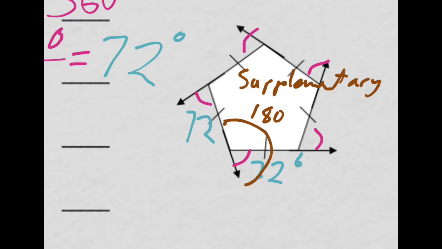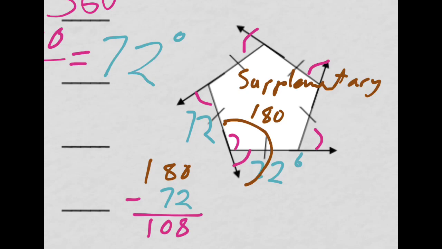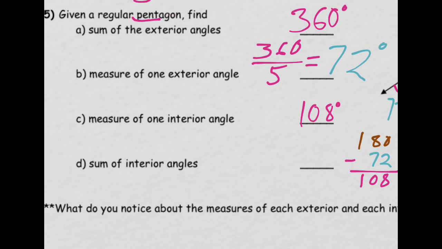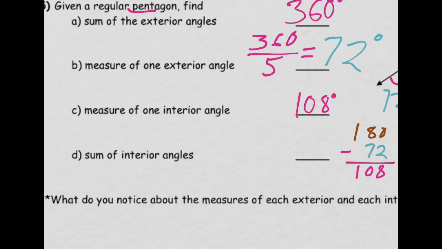So, if we've got one that's 72 degrees, and the total is 180 degrees, we have to figure out what is left for the other angle right here, right? Well, we just subtract that. 180 minus 72 is 108. So this ends up being 108 degrees. That's the measure of one of the interior angles.